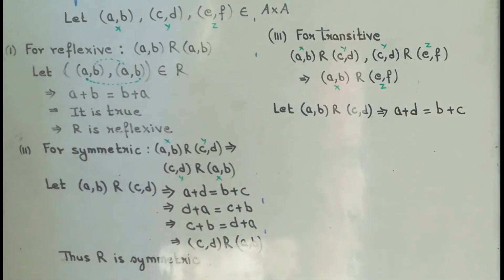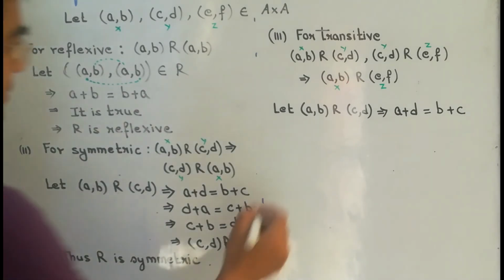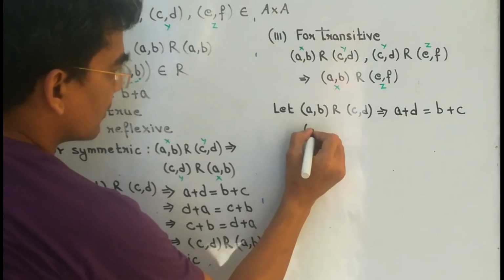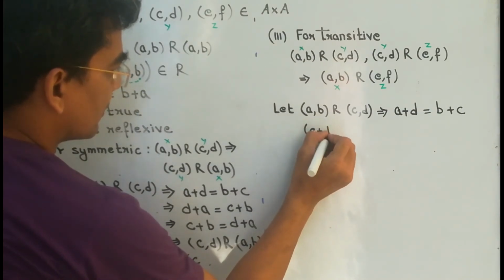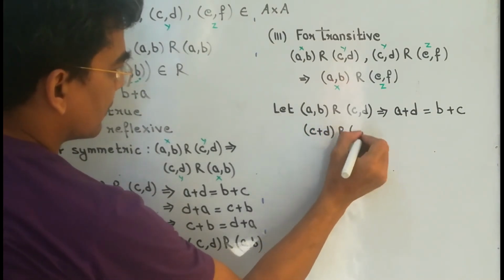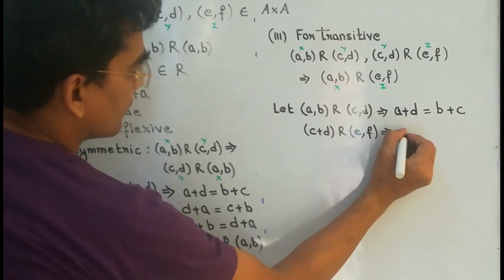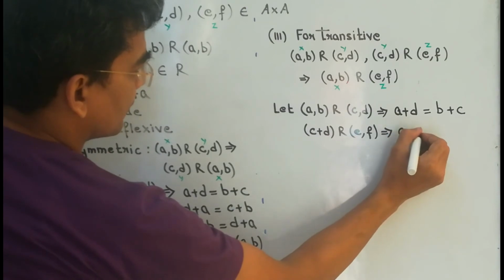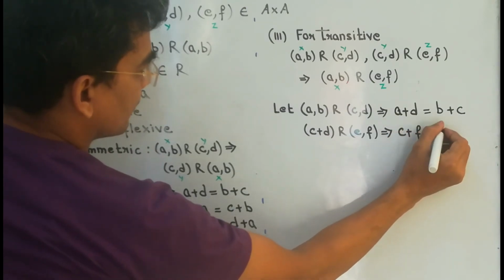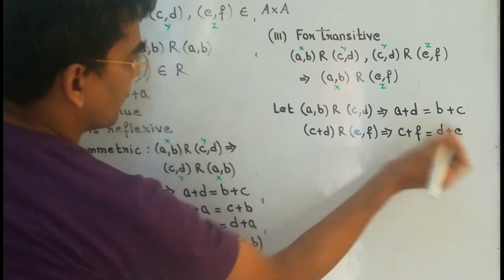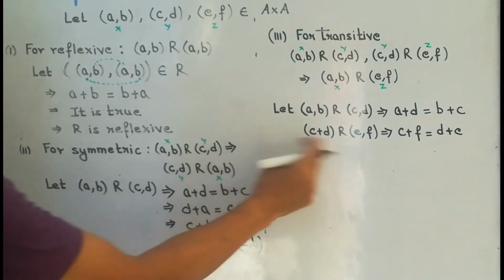You will get this relation if you are considering x is related to y, and you are getting this relation from the second one.